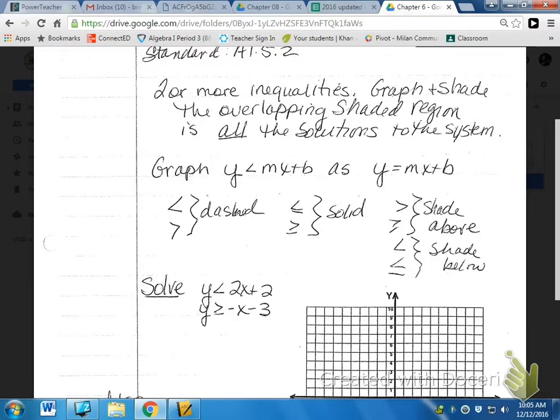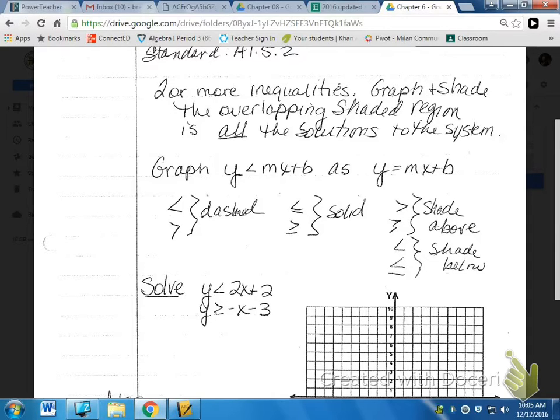mx plus b. So you graph it as the line, but remember, it could be a dashed line or it could be a solid line. If it is just less than or just greater than, it's dashed because the line is not included in the solution.